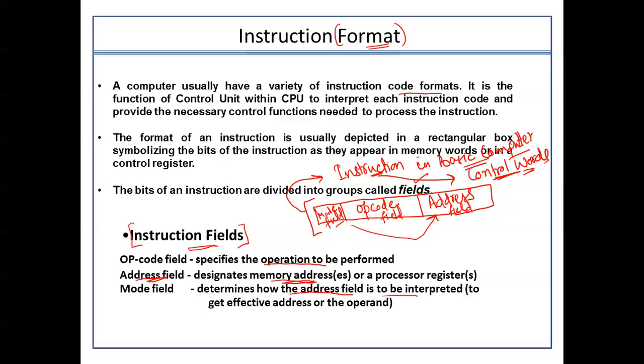In the control word also, we have the opcode field, the address field, and the mode field. The format of an instruction is usually depicted in a rectangular box, symbolizing the bits of the instruction as they appear in memory words or in control registers.